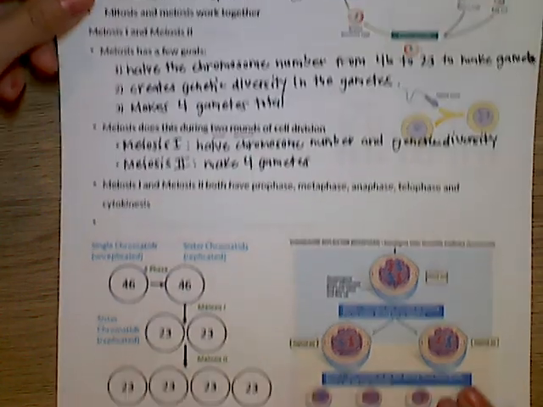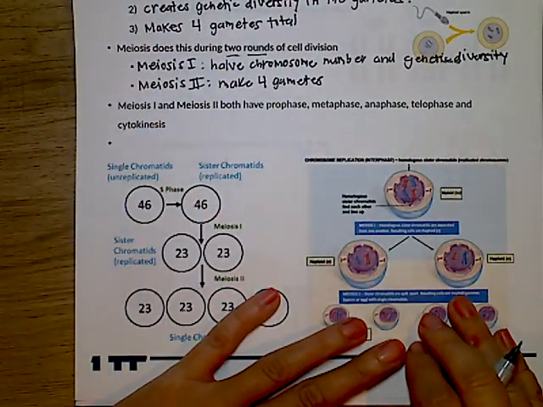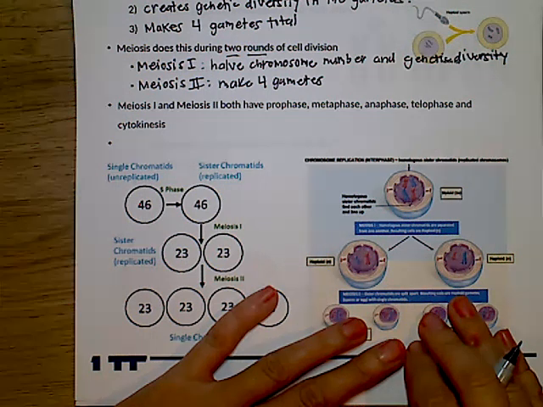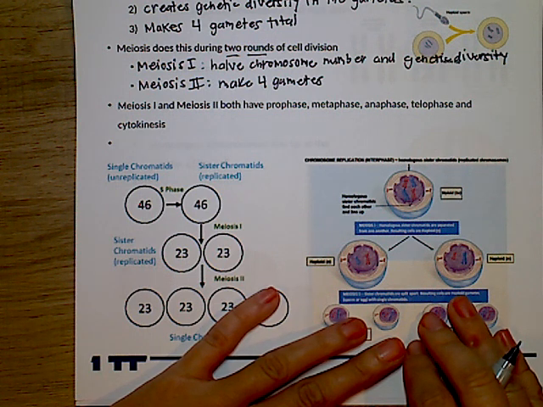And just like mitosis, meiosis has these different stages, and they're called the same things: prophase, metaphase, anaphase, and telophase, and then cytokinesis.